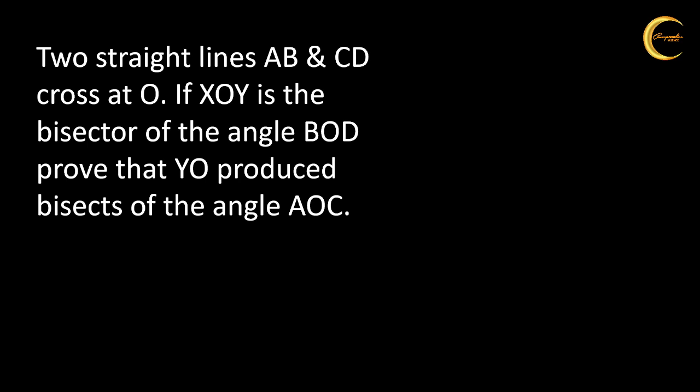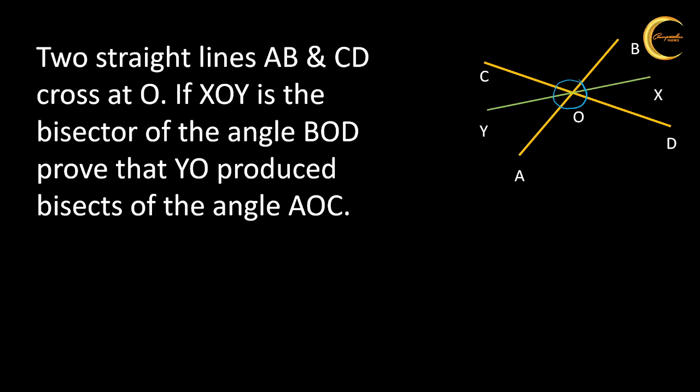This problem says that two straight lines AB and CD cross at O. Now see here, AB and CD, two straight lines, cross at this point O. Now XOY is the bisector of the angle BOD. So XOY is a line and it is a bisector of the BOD angle.